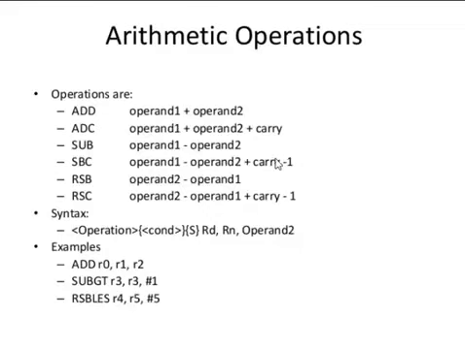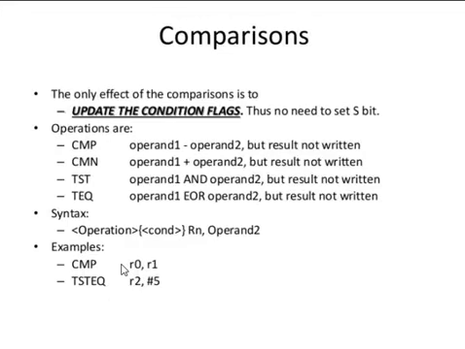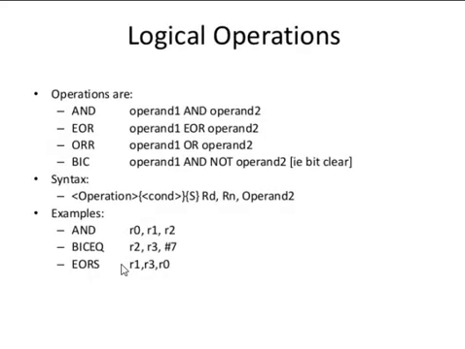So arithmetic operations include add, ADC, add with carry, subtract with carry and so on. These are the examples. Comparisons: CMP, CMN, TST, TEQ and so on. Logical operations, like we saw in digital electronics, are the logical gates.